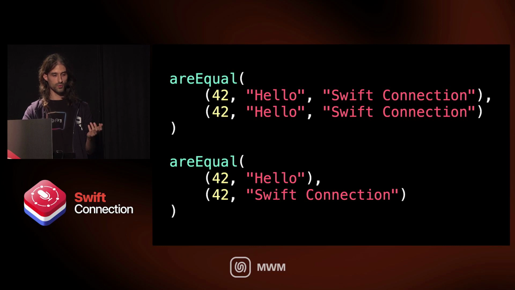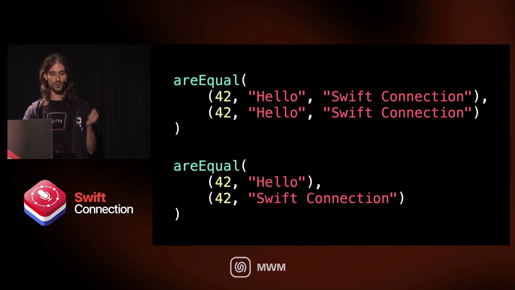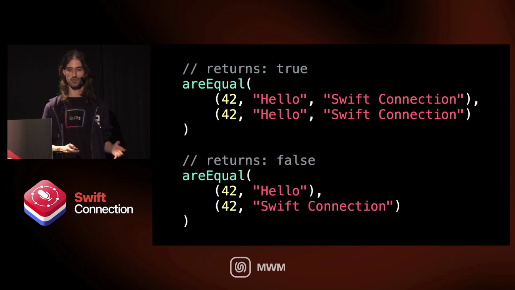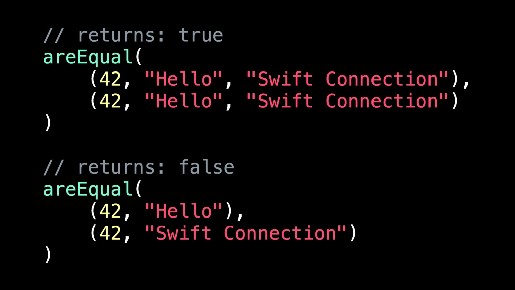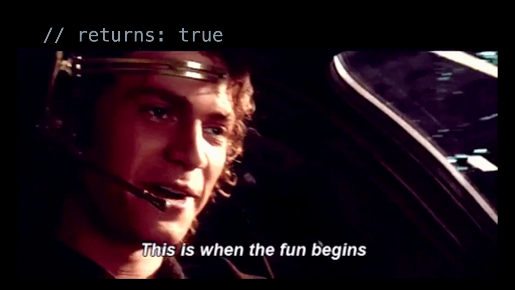And when you want to implement arrEqual, usually you want to implement short circuit evaluation, in the sense that as soon as you found two elements that are not equal, you want to return false and not keep evaluating the rest because you know that the end result will be false anyway. And as you can imagine, when you want to implement this short circuit without a proper for loop, so without access to the break keyword, once again, this is when the fun begins.